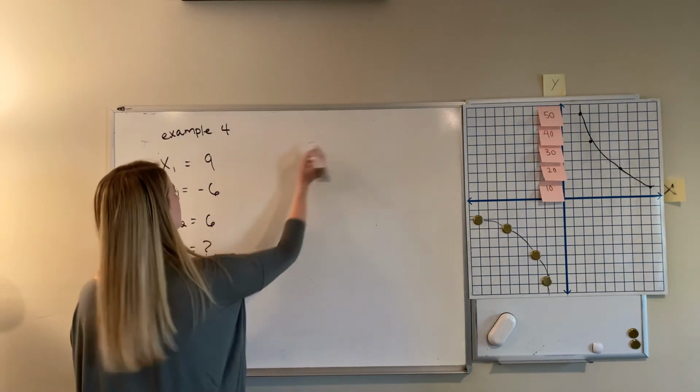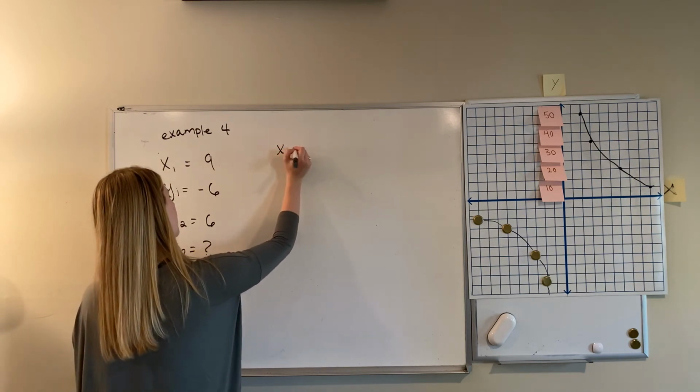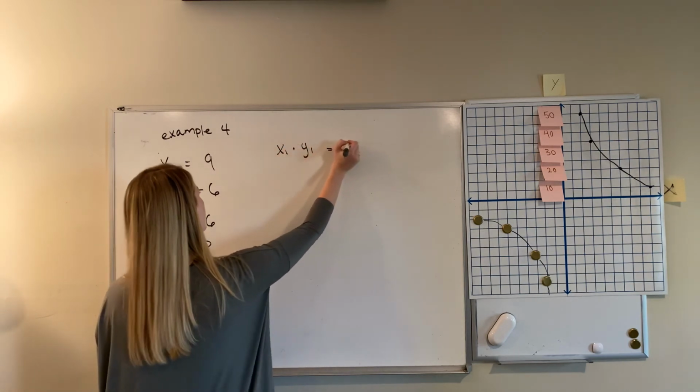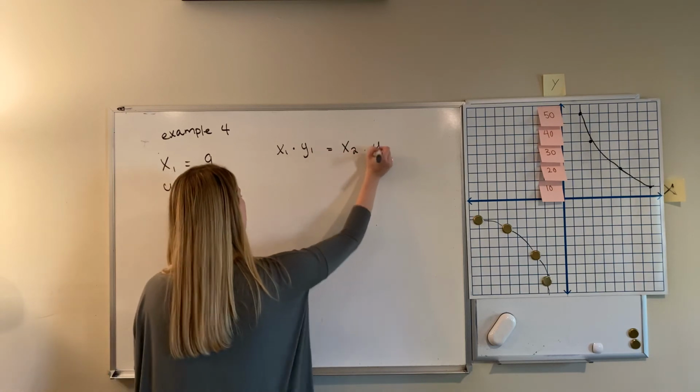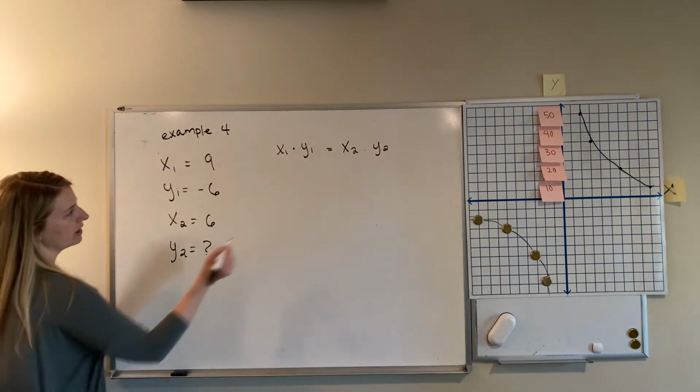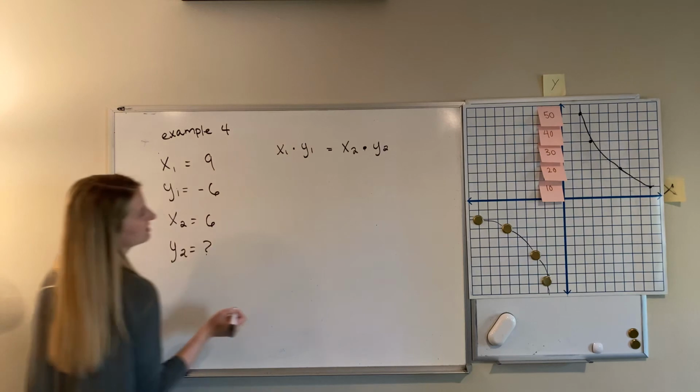So we're going to use x1 times y1 is equal to x2 times y2, and plug in our known values.